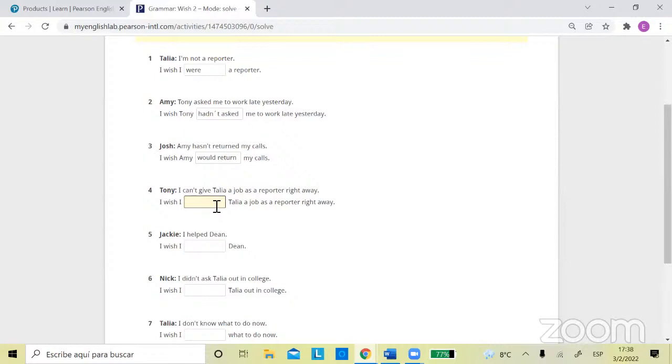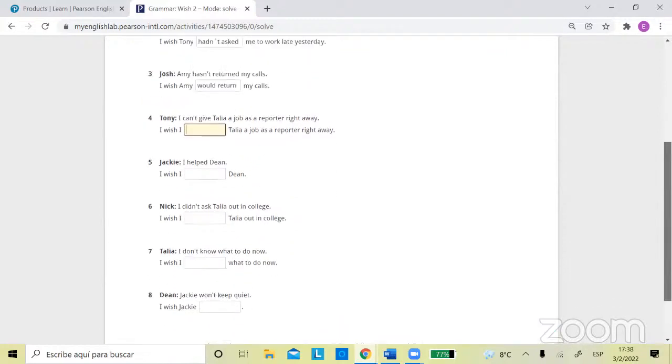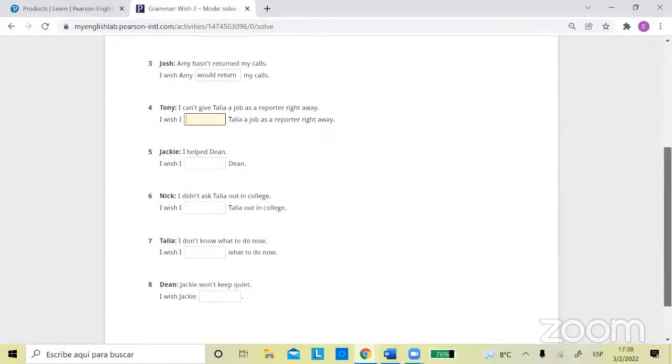I wish I hadn't given Talia a job as a reporter right away? No, because Tony is talking about an action that is expressing ability. So could. Yes. I wish I could give.